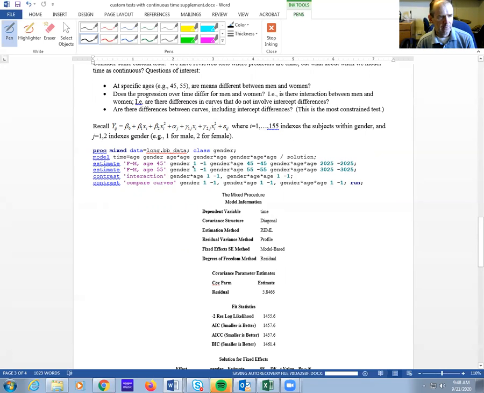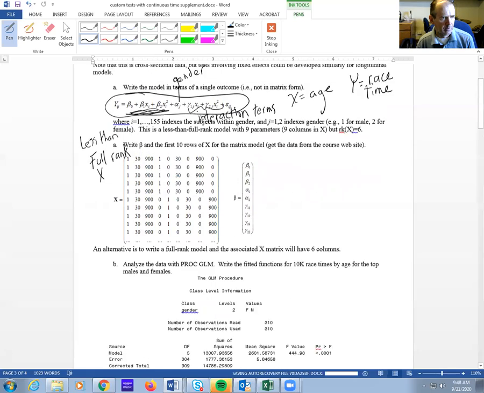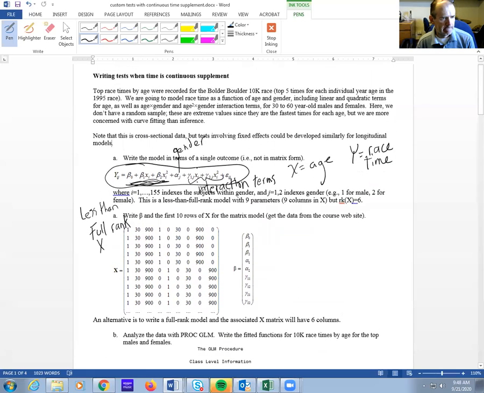So you can think of the first level as, I've defined it up here probably, one for male, two for female in this case.